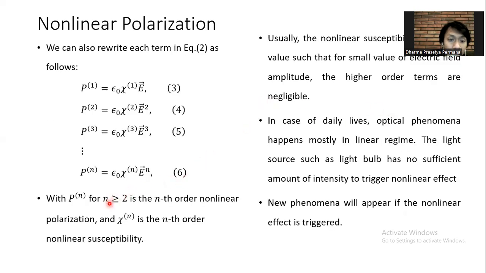Okay, so for n larger than 2, we call Pn the nth order nonlinear polarization and chi n the nth order nonlinear susceptibility.